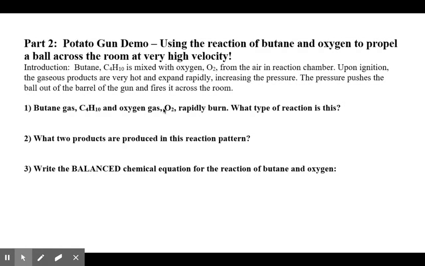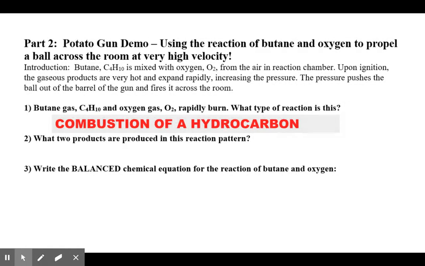Now, the question is, what type of reaction is this? If we recall C's, H's, and O's, hopefully you remember, with the rapid burning of oxygen, when we have hydrocarbons being burned with rapid oxygen, we have a combustion reaction.